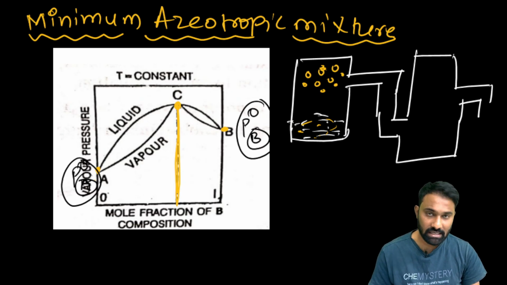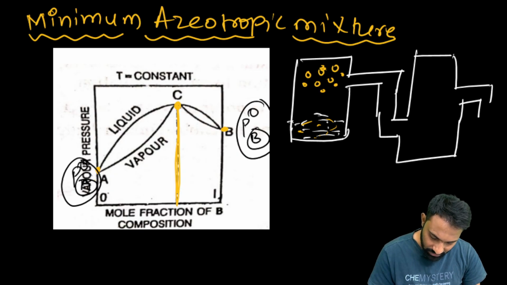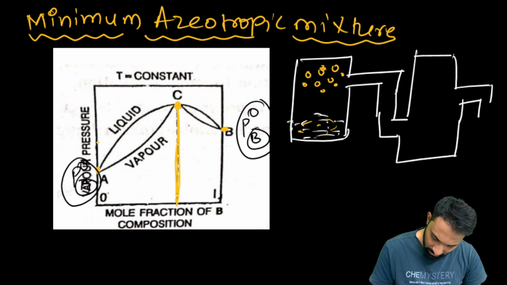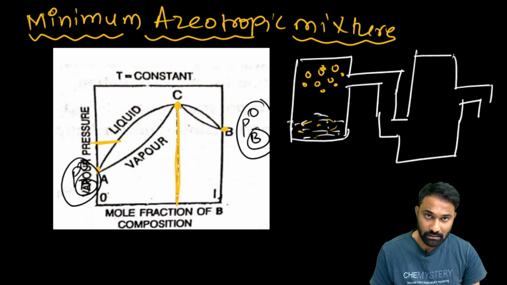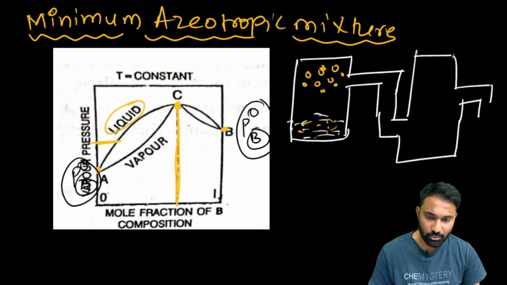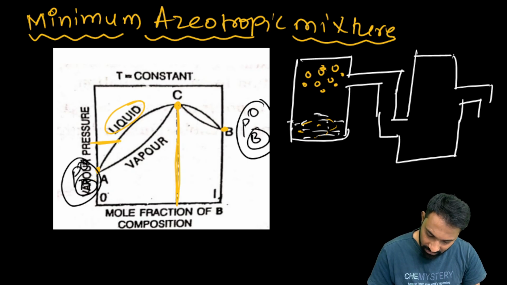Now how to read the graph? At a certain particular pressure, this pressure I am talking about, it is cutting the liquid composition curve, right?